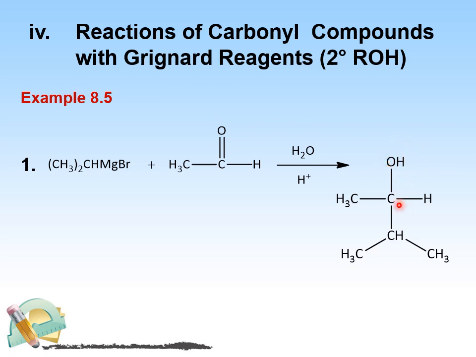And after that, we are going to take the R from aldehyde, a methyl, put here, and the hydrogen, put here. So here you go. This is basically the secondary carbon because it is attached to 1 and 2 carbon. So we are actually producing secondary alcohol.